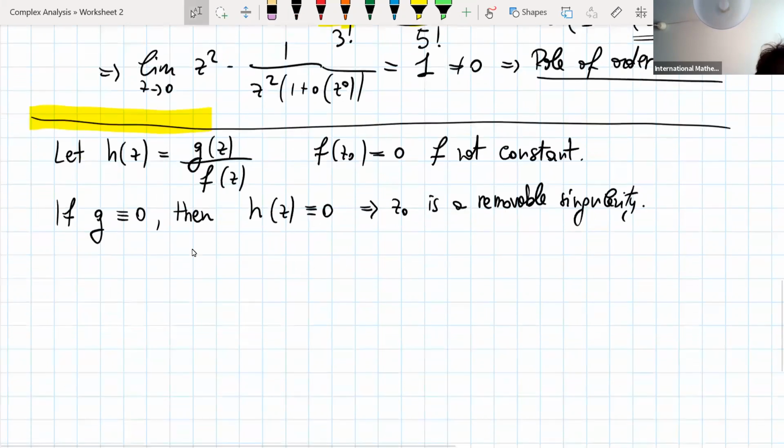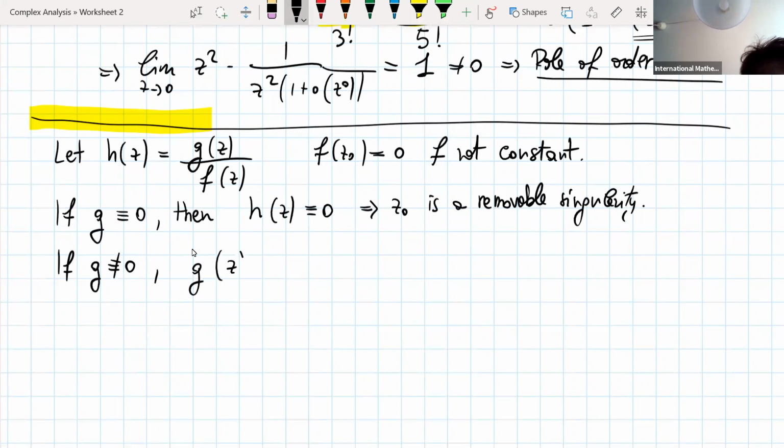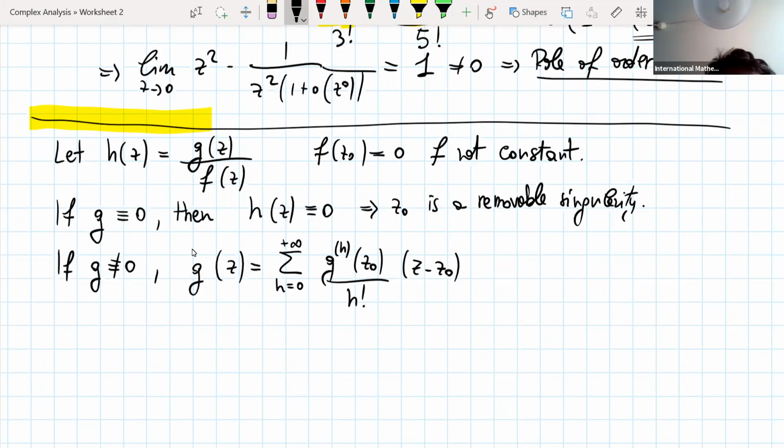Now if g is not identically 0, then I can write the Taylor expansion at z0. So this will be the sum over n going from 0 to plus infinity of g^(n)(z0) divided by n factorial times (z minus z0) to the n.